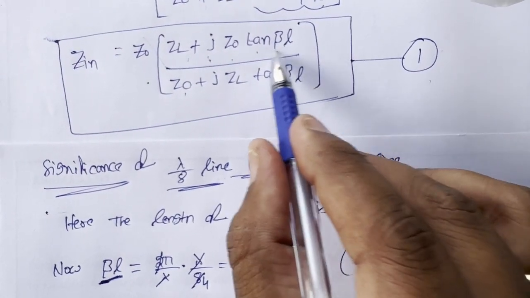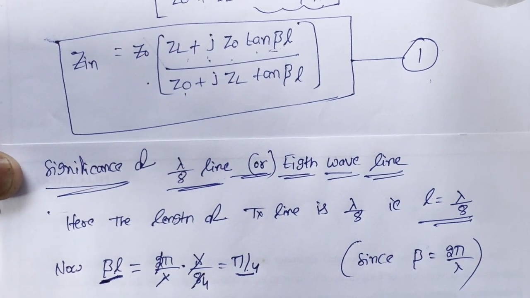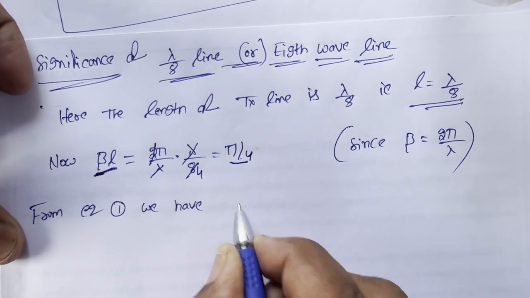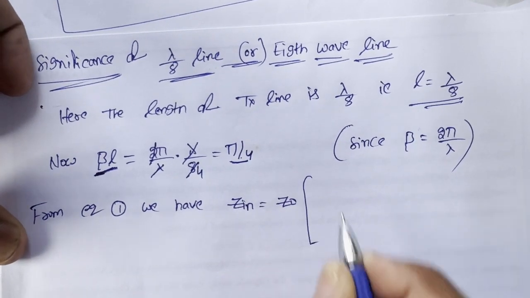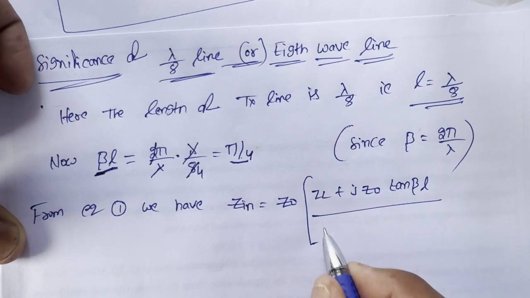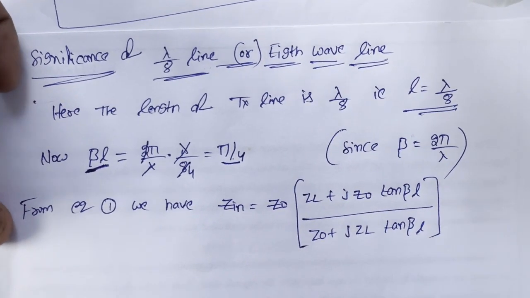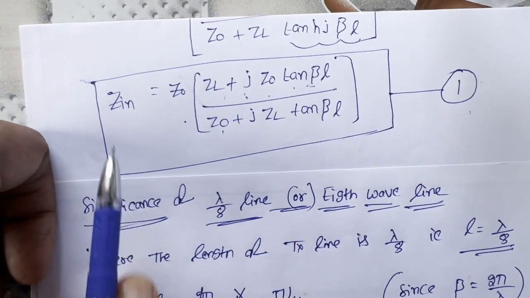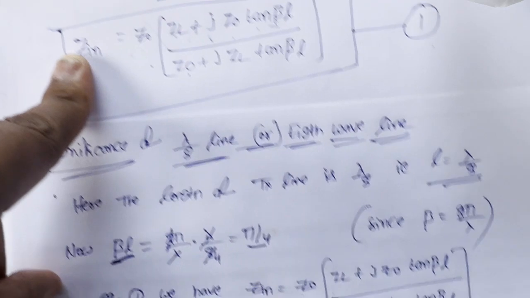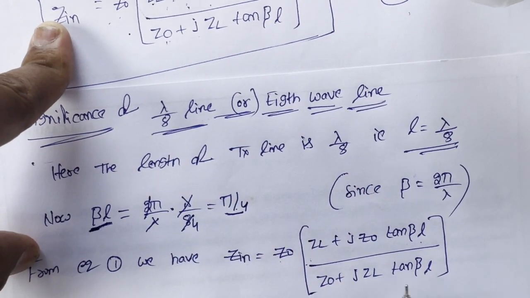From equation 1, we have Zin is equal to Z0 into (ZL plus j Z0 tan beta L) by (Z0 plus j ZL tan beta L).